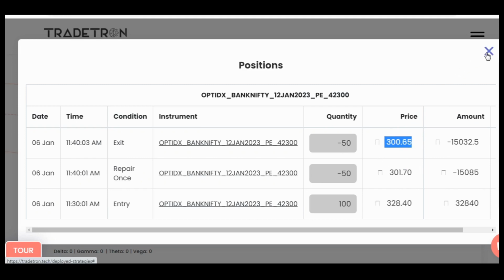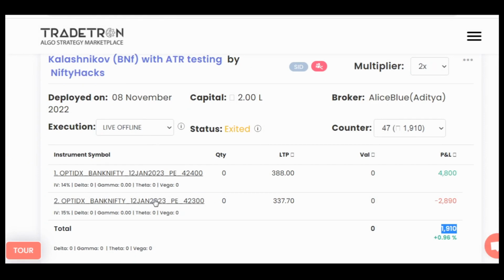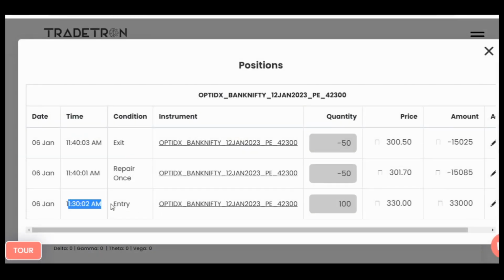So here our SL got hit. I guess the same way here also, 1130, 1140. As soon as one leg's SL hit, the other leg also exited, because we have set our condition that if one repair once occurs and the price is at cost or below cost, the other leg should also be exited. So let's check this also, 1130.